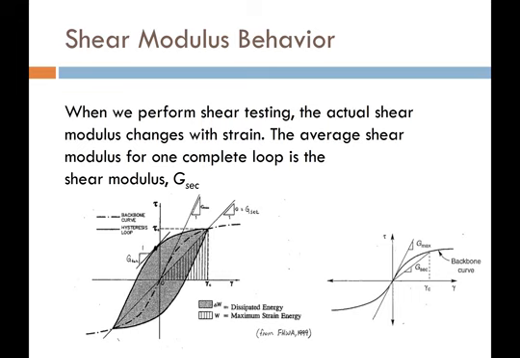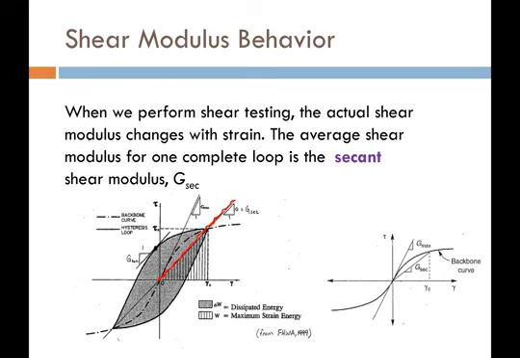If we come and look at just one cycle of that cyclic loading, we're going to look at two definitions of shear modulus. The first one is what we're going to call the secant modulus. The secant modulus is if we were to just draw a straight line to the stopping point of our cycle from a strain of 0.